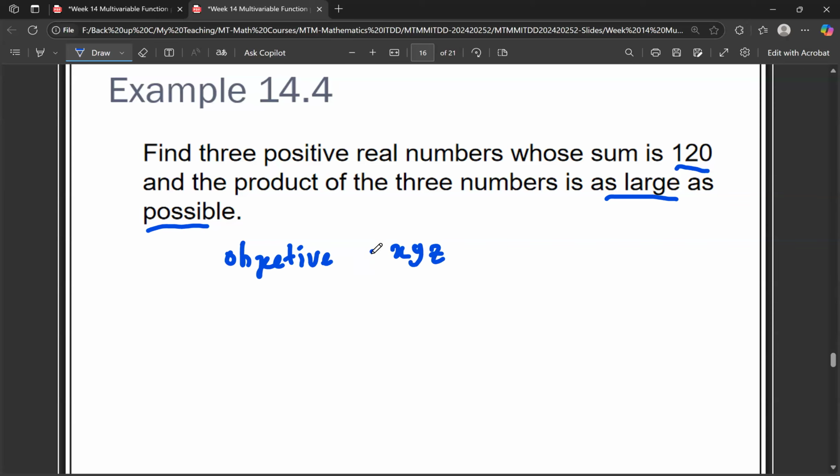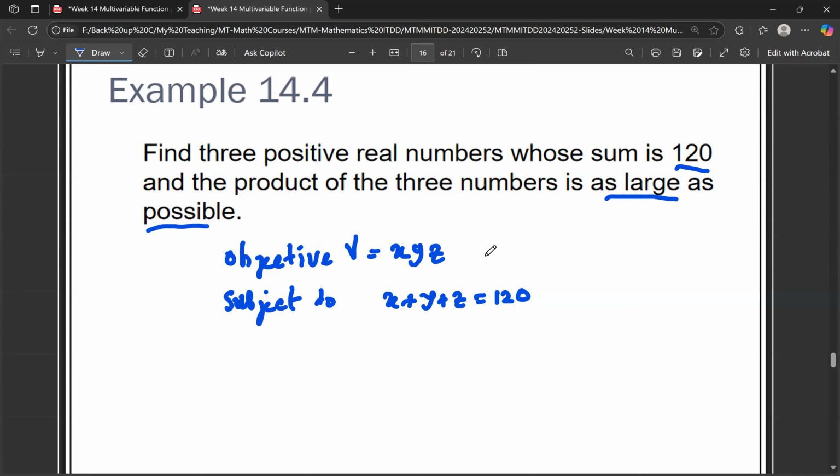We need this product as large as possible, subject to x plus y plus z equal to 120.